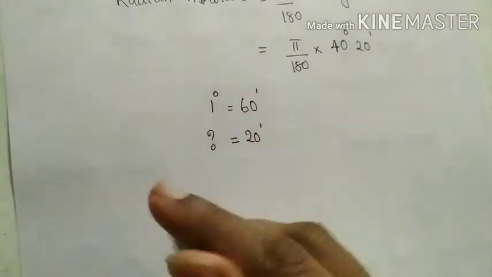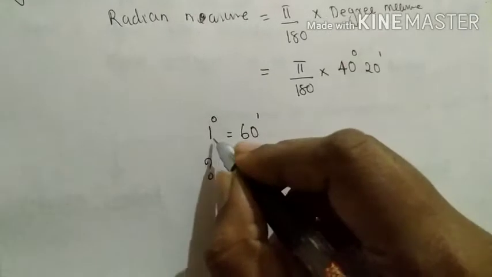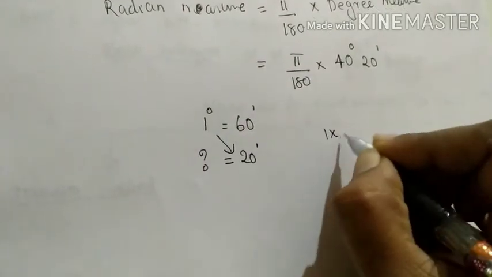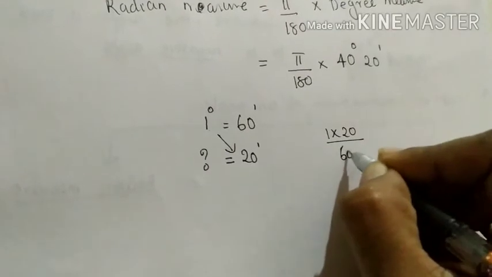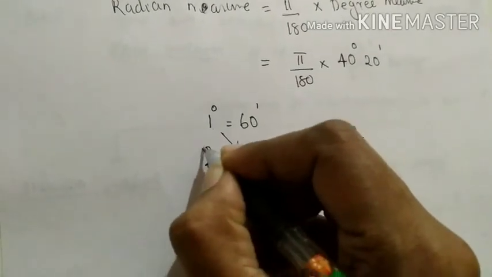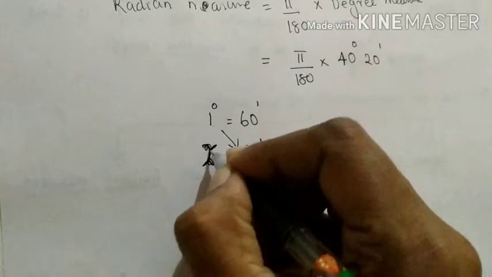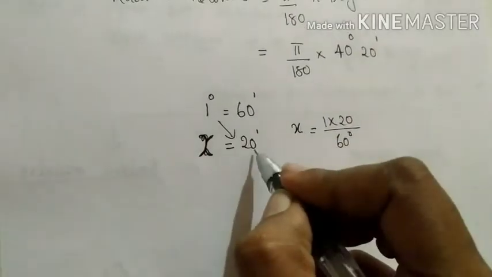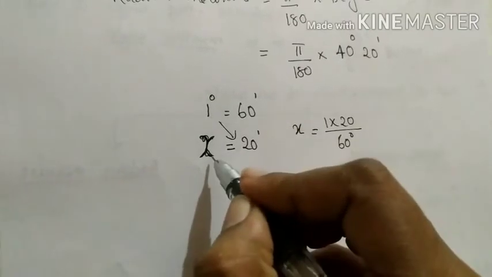Okay, so we need to find out x by using cross multiplication. 1 into 20 divided by 60. So let us write it as x. So we get 1 into 20 minute equal to 60 into x.